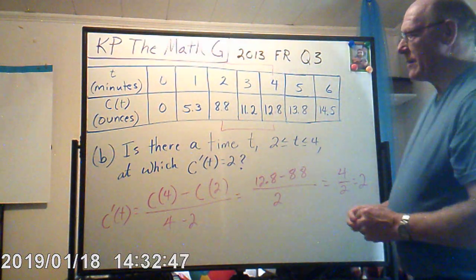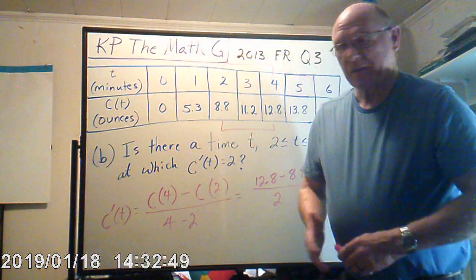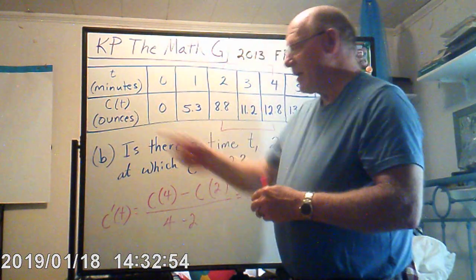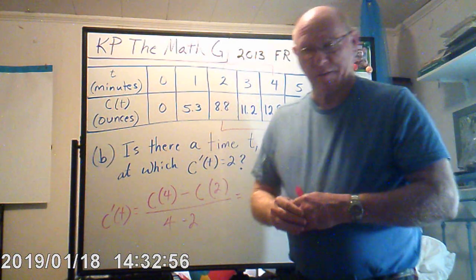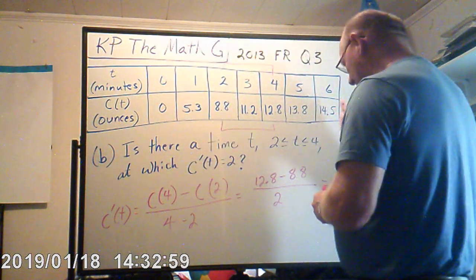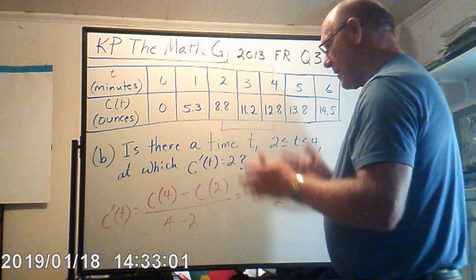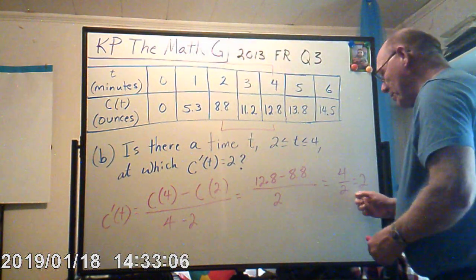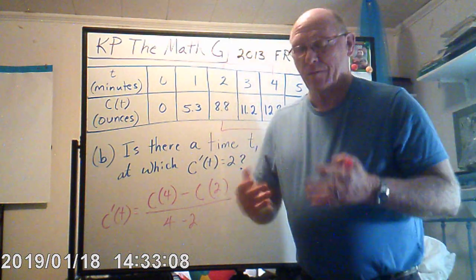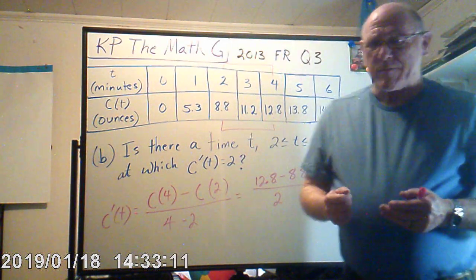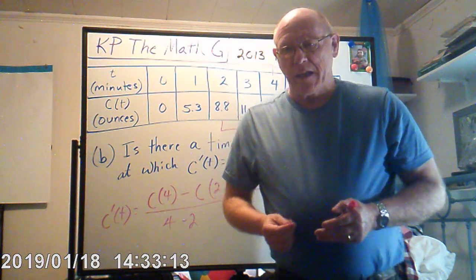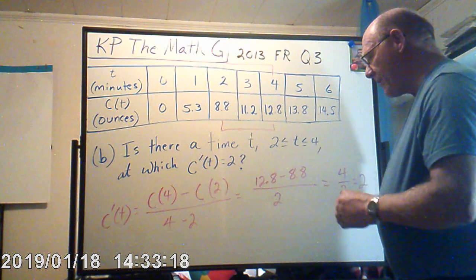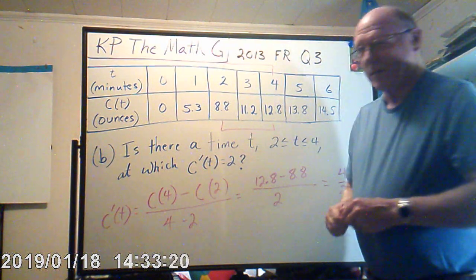Being that this is differentiable, we know that C is continuous throughout from 0 to 6. And being differentiable and continuous, we know there is at least one. What they want to see from you here is whether you know that there is a certain theorem.